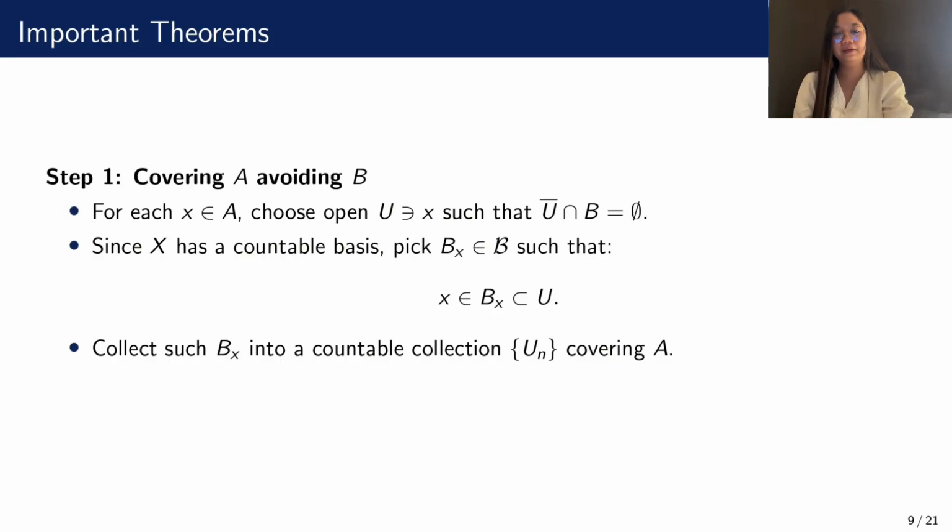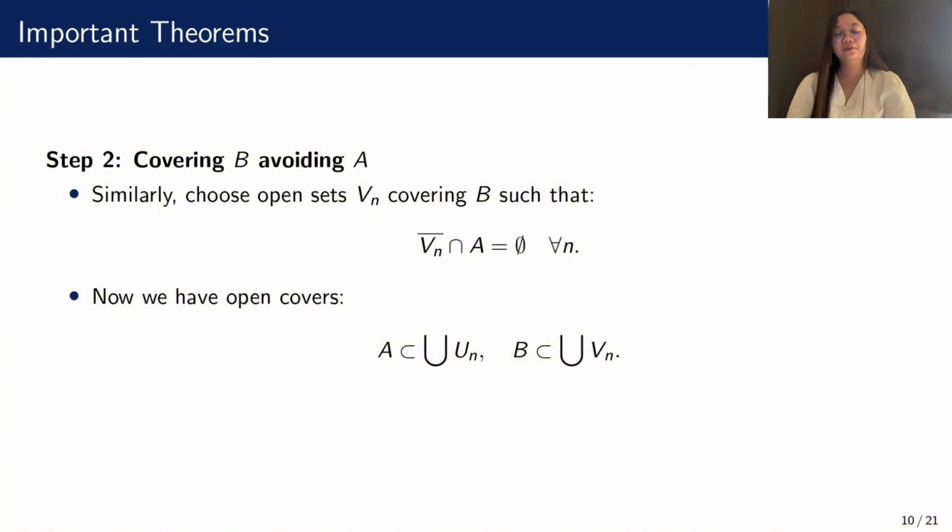In the same way, we now find a covering of B avoiding A. Of course B should be disjoint from A. So for each Y, an element of B, we choose an open set V where Y is an element of V, such that the closure of V intersection A is empty.